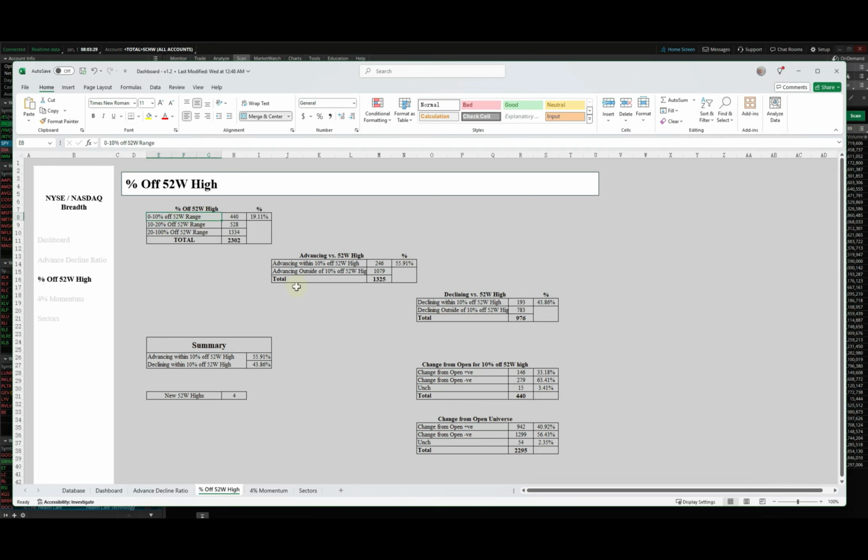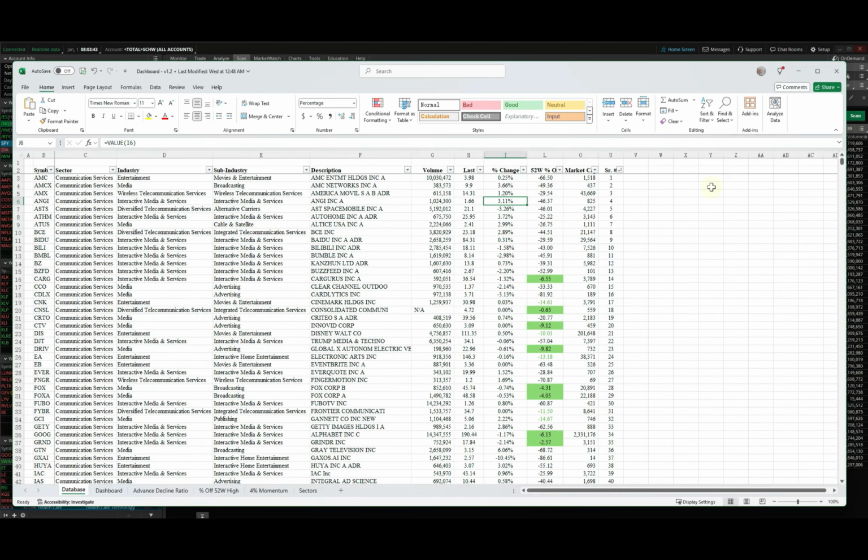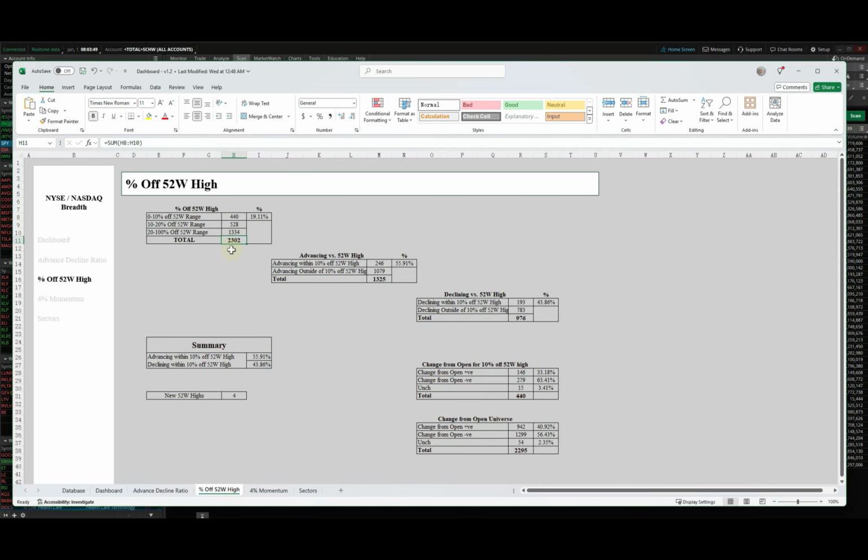I check how many stocks are within 10% of the 52-week high. You see that it's 19%, and this number is the total number, 2300. So out of 2300, only 19% of stocks this time are within 10% of the 52-week high.